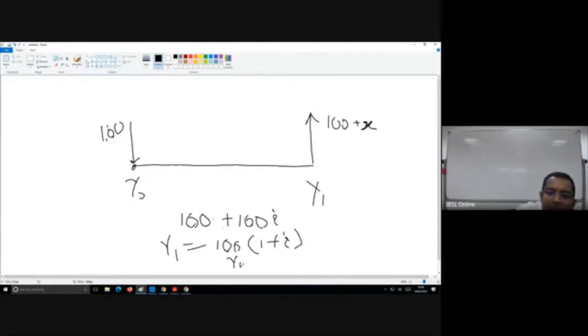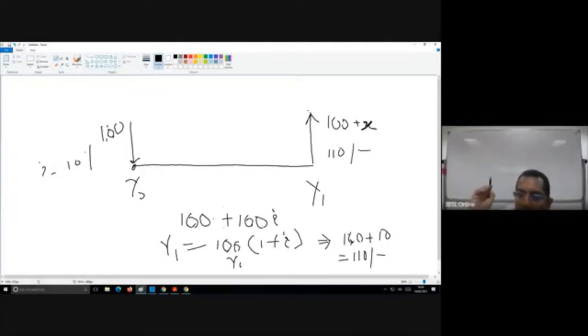That means if I equals 10%, you will get 100 plus 10 rupees, which is 110 rupees at year 1.